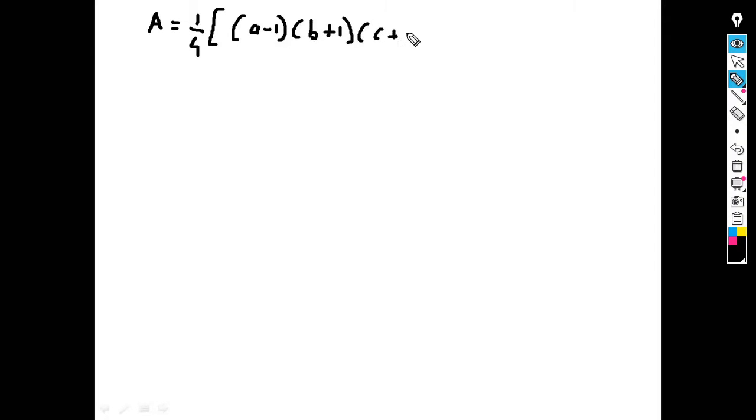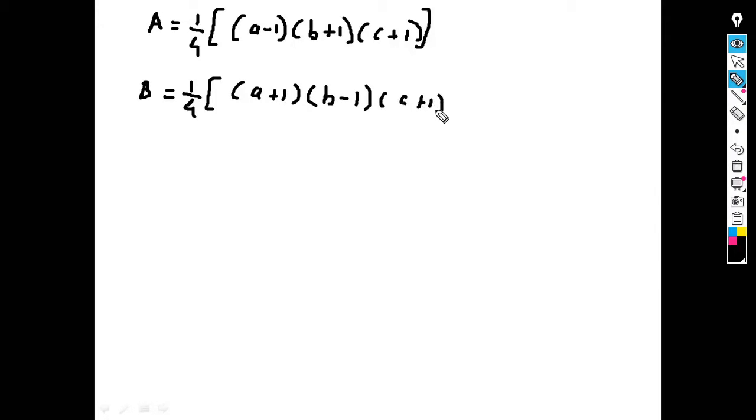We get this formula to find main effect A, and for main effect B we get the formula 1 upon 4 times (a plus 1)(b minus 1)(c plus 1). So we have these two formulas for main effect A and main effect B. Today we will discuss main effect C and expressions for the interaction effects.